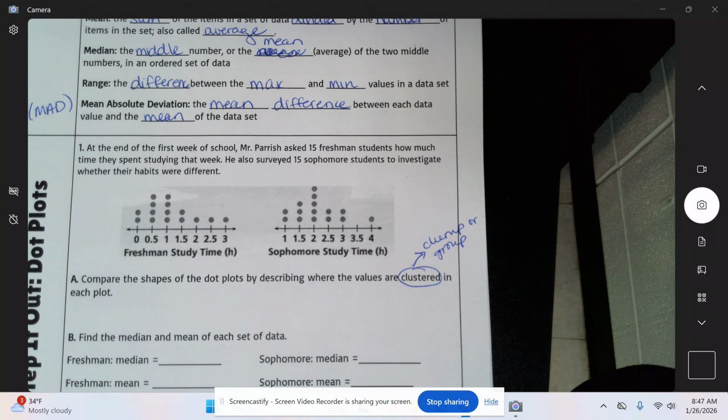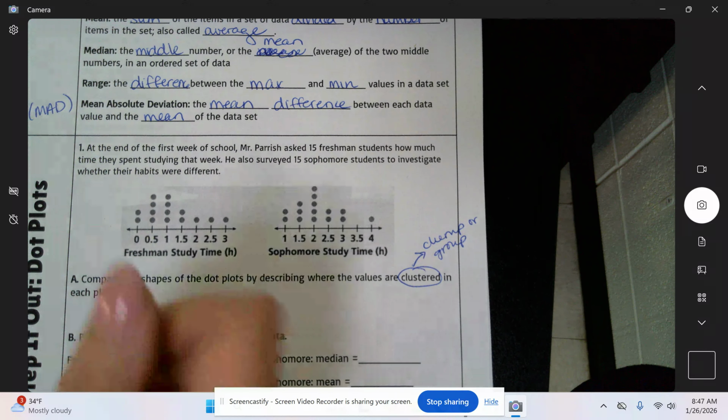Between what numbers? 0.5 and 1. Right, where this is higher right here. What about in the sophomores? 1.5, 2. Right, and then there's our big peak right here. So, are their clusters the same? No, their clusters aren't the same.